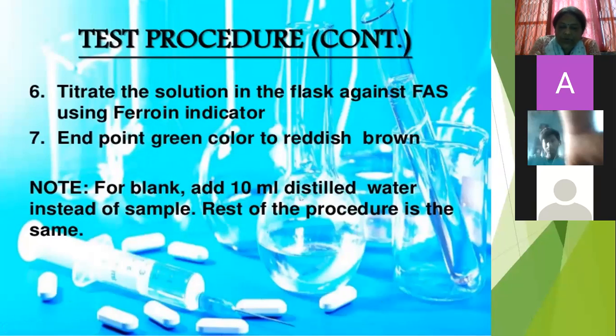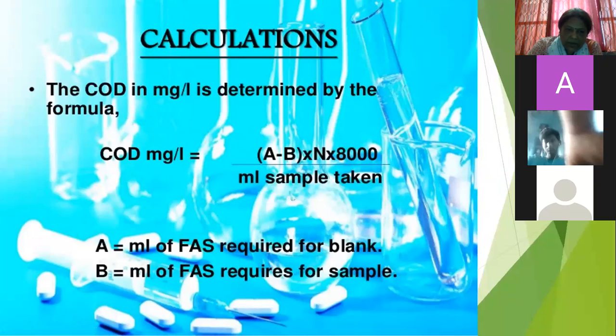So here two readings should be taken. One is the blank titration, let the value be A, and the back titration, let the value be B. You note down these things. Then calculate. This is the calculation part. Calculate the COD in mg per liter. Again, the unit to express COD is mg per liter.